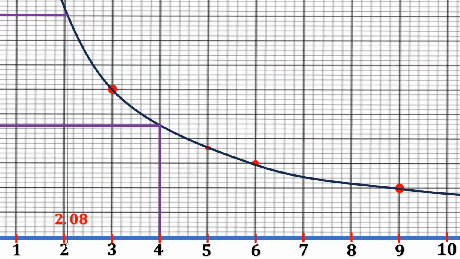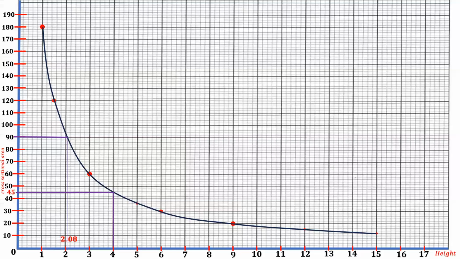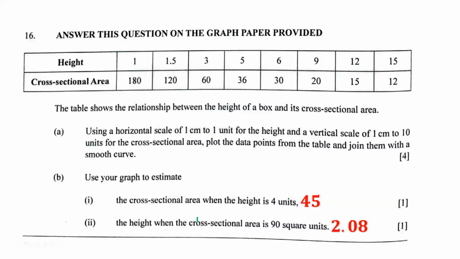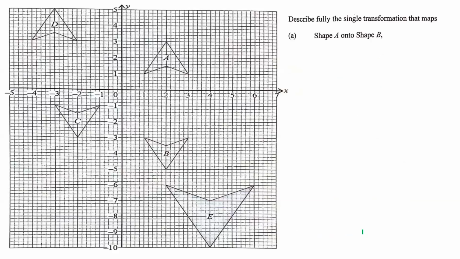So this line right there, it's not exactly 2.1, but it's not too far from 2.1. So I'm saying it's about 2.08. That's what I got. So the answer for this one is when the cross-sectional area is 90, the height is going to be about 2.08. Okay, let's move on to the next one.